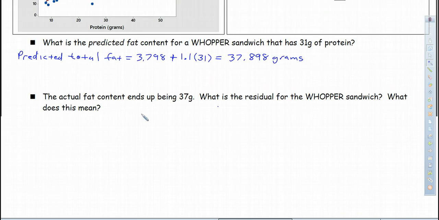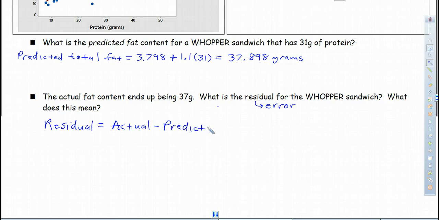So down below, next one, it says the actual fat content ends up being 37 grams. What is the residual for the Whopper sandwich, and what does this mean? So remember, residual just means error. And just refreshing, residual is equal to the actual minus the predicted, or the observed minus the predicted.